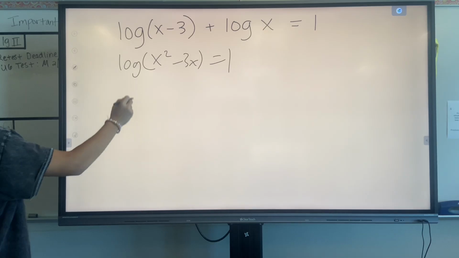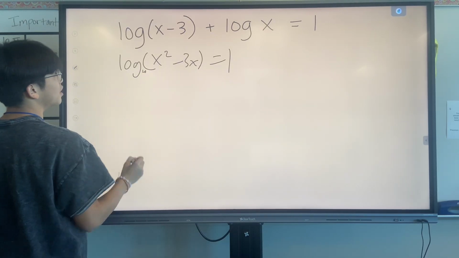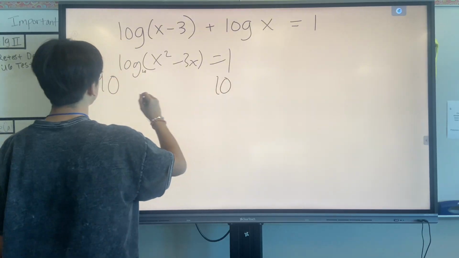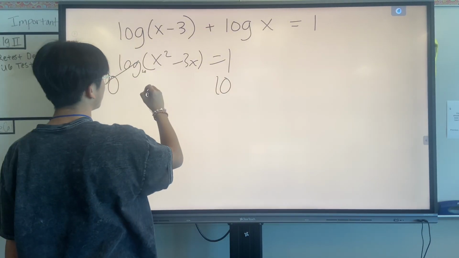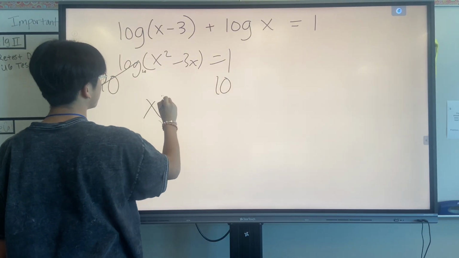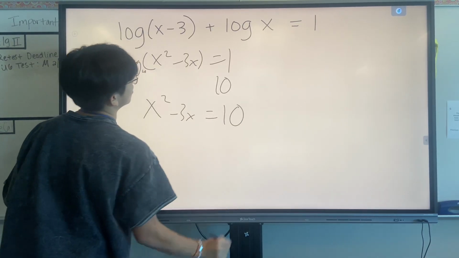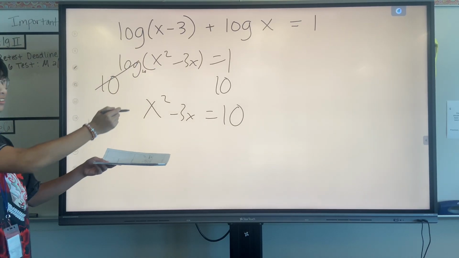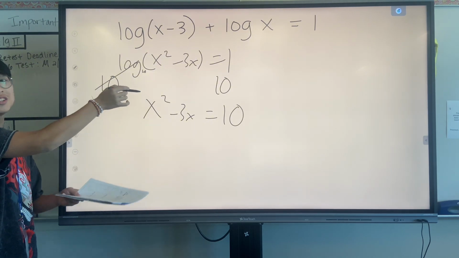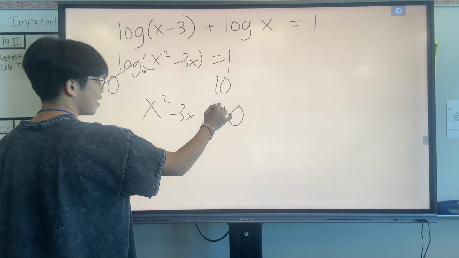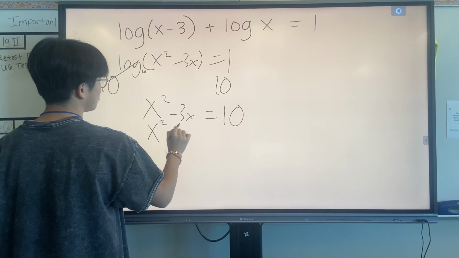And then since a common log means that this is base 10, you would put a 10 down here and a 10 over here. These will cancel out, and then you'll get x squared minus 3x equals 10. Now if you notice something different, this has a square on it. This is a quadratic. So you would have to make this 0 by subtracting 10 on both sides.